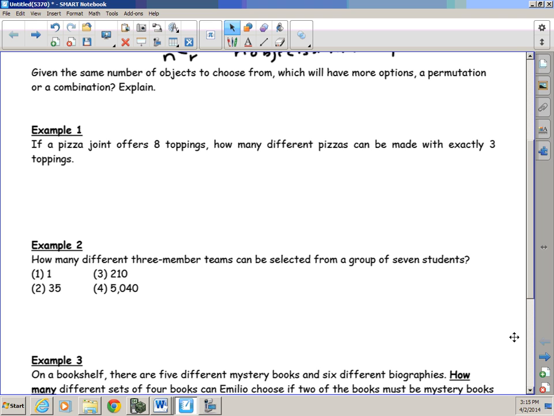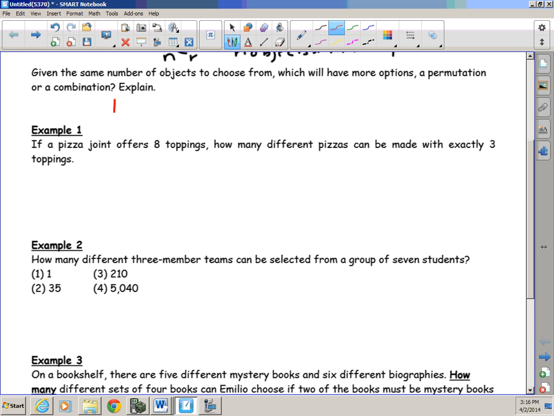All right? Now, if you think about it for a moment, given the same number of objects to choose from, which will have more options, a permutation or a combination?